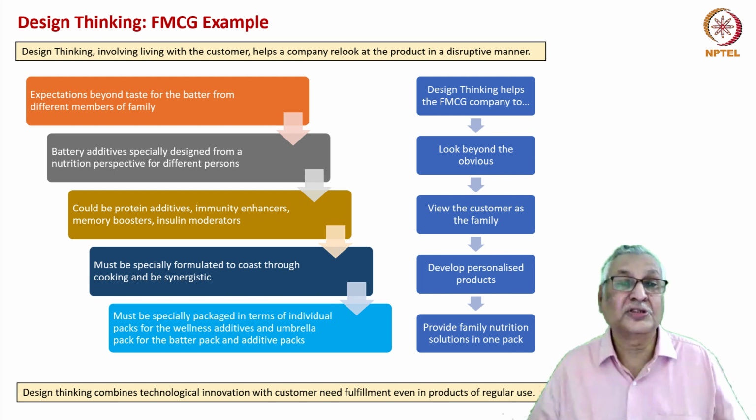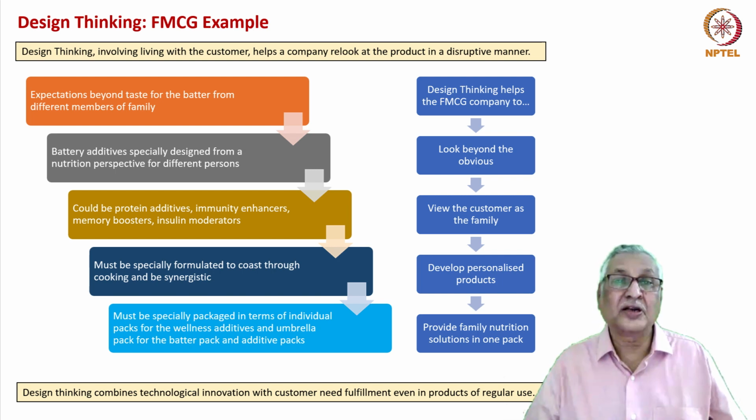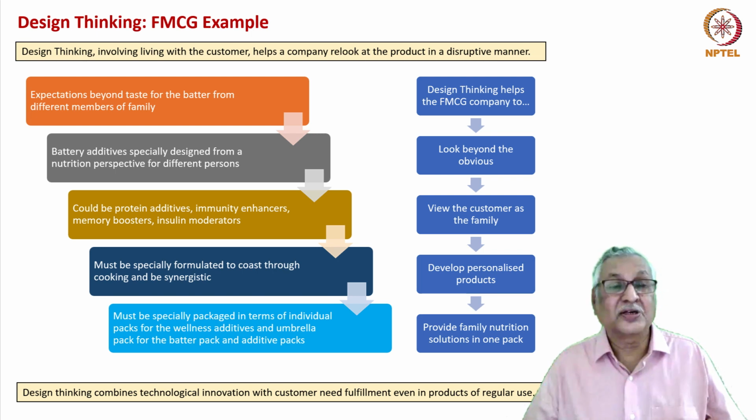Let's look at the FMCG example. It helps the company and the consumer relook at the product in a disruptive manner. When you look at an FMCG product, particularly the food product, you can have expectations beyond taste for the food product from different members of the family. The family members may also require additives which are specially designed from a nutrition perspective for different persons.